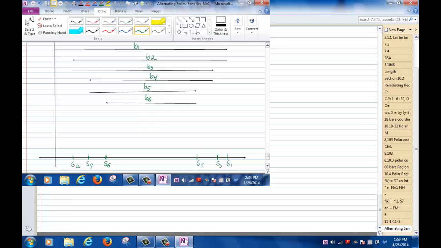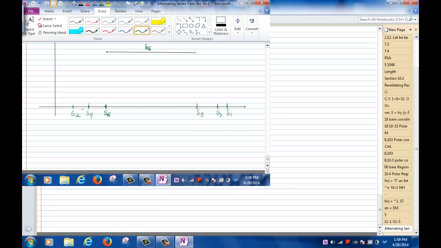The partial sums with even indices are increasing, right? So what's happening is that the even partial sums are increasing, the odd partial sums are decreasing. Now, the sequence of even partial sums: is that sequence bounded?